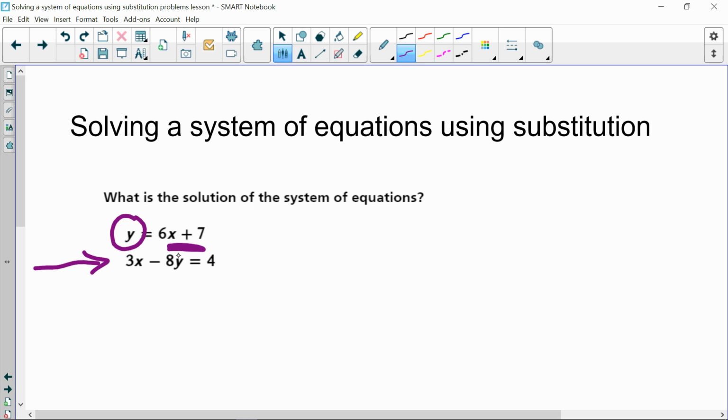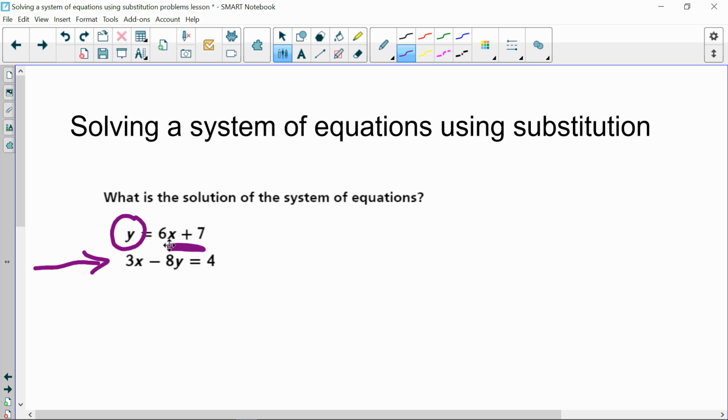But the key point is not only do you take one out and put one in, but they're equal value when you think about it in math. I could have y or I could have 6x plus 7. They're the same value. It's kind of like I could have $1 or I could have 4 quarters. They're worth the same thing to me. So that's an easy way to think of substitution. $1 is the same thing as 4 quarters. 5 ones is the same thing as a $5 bill. I could take either of them.